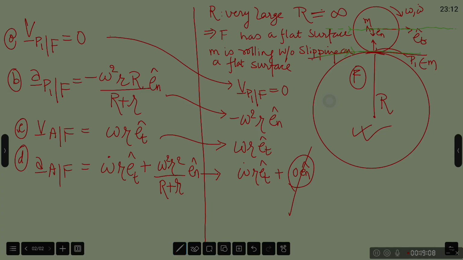And we know that if a particle is moving along a straight line, it may or may not have acceleration in its tangential direction, but we are sure that it cannot have any acceleration in the normal direction. That's what is happening here. We do get a non-zero component of acceleration of A along Et, but the component along En vanishes.